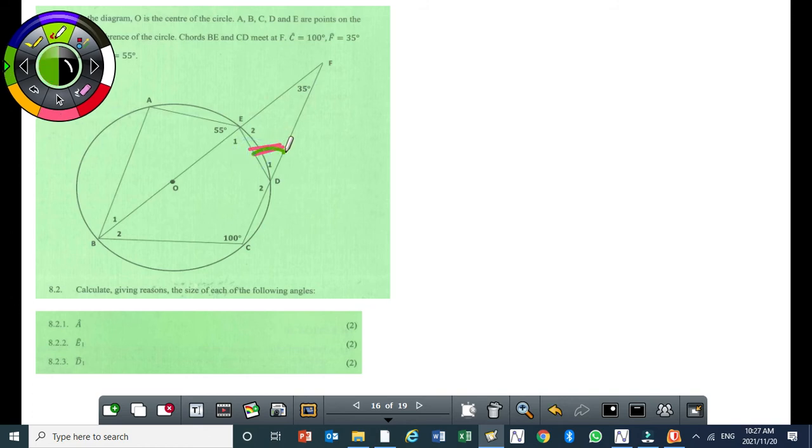It's an exterior angle of a cyclic quad. I would do it using the exterior angle of the cyclic quad. That would be the easiest. So D1 is equal to angle B2, because that would be the exterior angle of a cyclic quad.